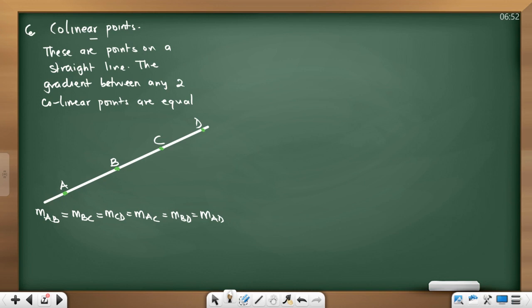The gradient between any 2 pairs of collinear points is equal. And that's just it. That's number 6.